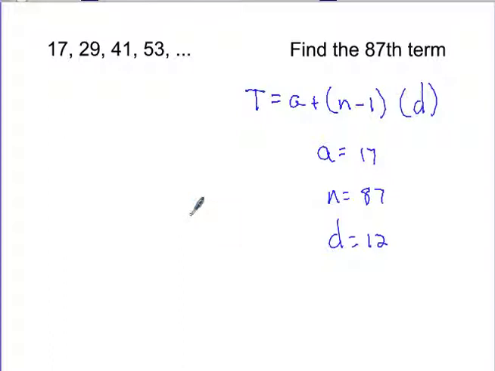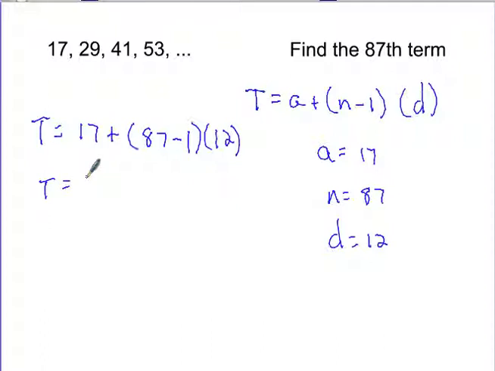T equals 17 plus 87 minus 1 times 12. All right. So T equals 17 plus 86 times 12.